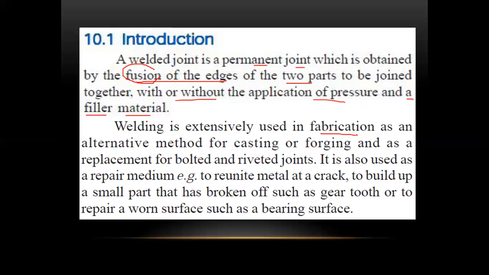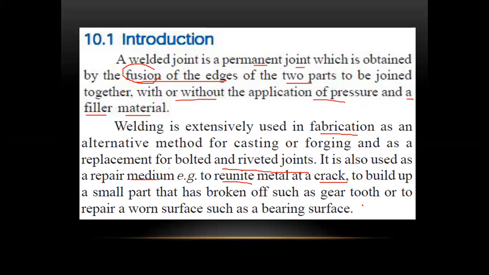Welding is extensively used in fabrication. Fabrication is construction of any setup. Welding is extensively used in fabrication as an alternative method for casting or forging and as a replacement for bolted and riveted joints. It is also used as a repair medium, for example, to reunite, that is, again mating the components at a crack.